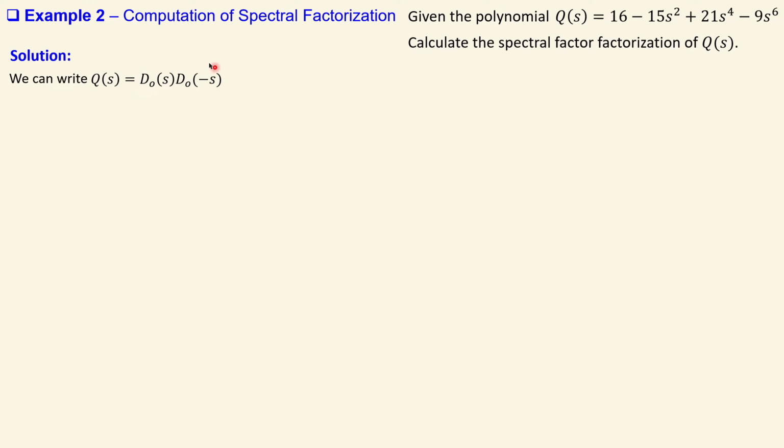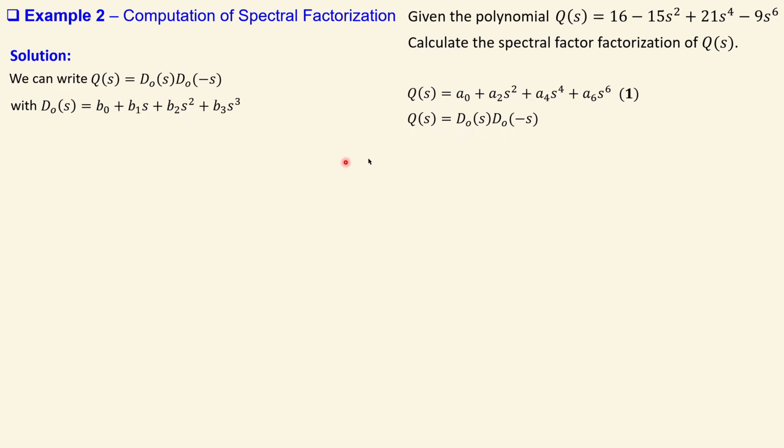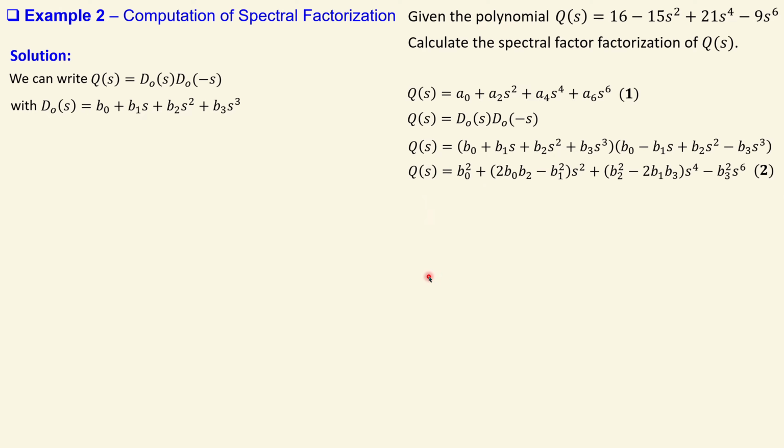So Hurwitz polynomial times its minus s form. And we have then this one and also the minus s. And this is our general form for a sixth order Q polynomial. Again, I substitute this because we have also the minus s form, and we have this expression we just discussed.